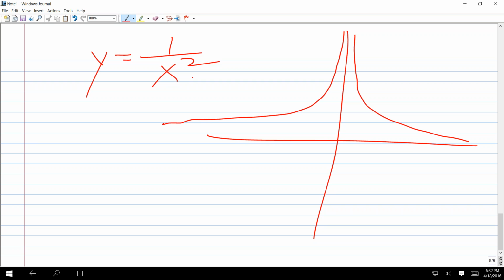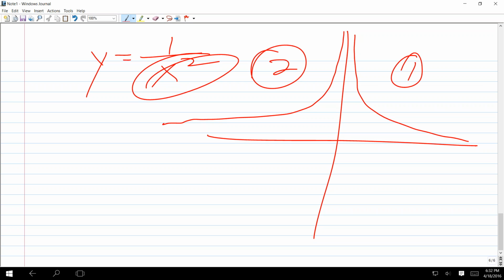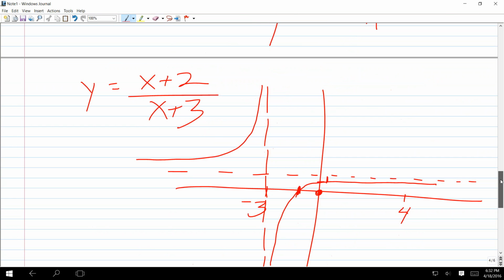No matter if x is positive or negative, y is always positive. So this graphs in quadrants 1 and 2. So you've got to be a little careful if you see terms that are squared. It's not always first and third, second and fourth. But most of the ones you'll be looking at will be first and third, second and fourth.